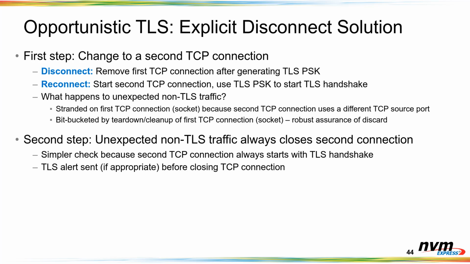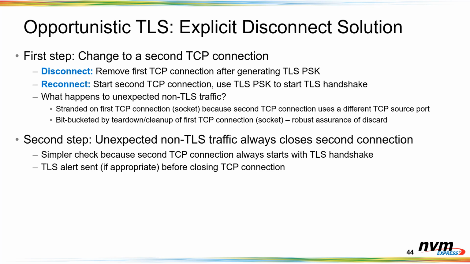The host can still send an NVMe command early, during the TLS handshake, but it's going to strand that traffic on the first TCP connection, and the second TCP connection can be tightly restricted to only do the TLS handshake.